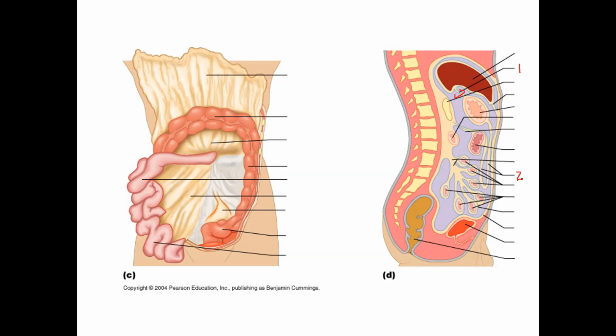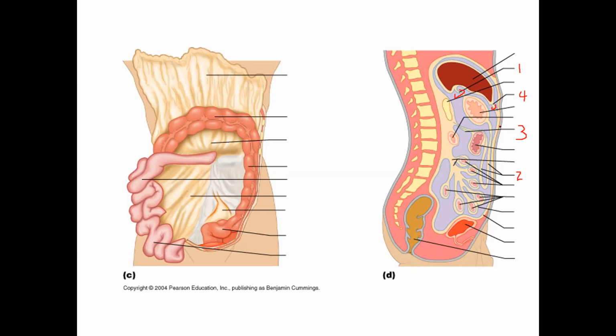Number three is this one, which connects the transverse colon to the posterior wall. And then here's number four right here, which connects the liver to the anterior wall. So far I'm looking at four different ones.